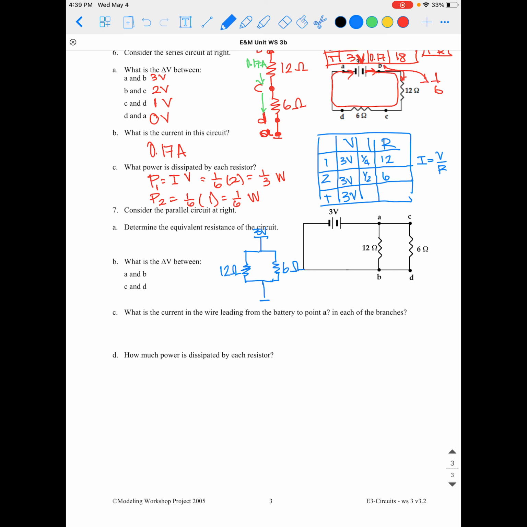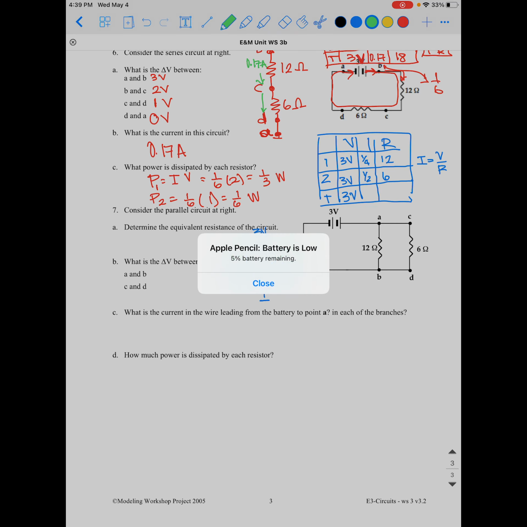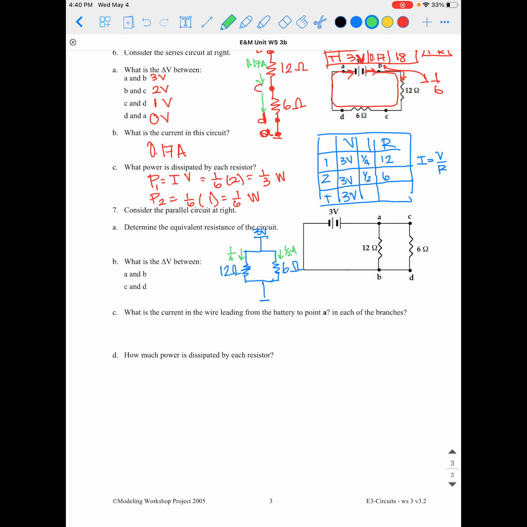And then the total current is going to be, if this side has a current of 1/2 amps, and this side has a current of 1/4 amps, the total current that we get when they come together in the branch at the end is going to be the total current in and the total current out.